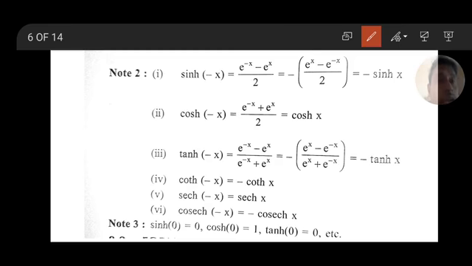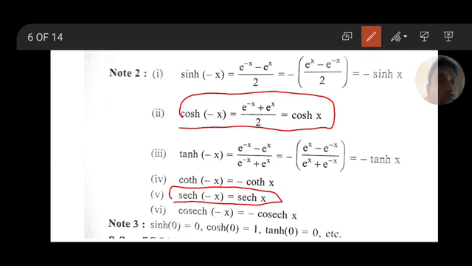Similarly, sin of minus theta is minus sin theta, only cos of minus theta is cos theta and sec of minus theta is sec theta. Like this, here also cosh of minus x equals cosh x, sech of minus x equals sech x. Both are only positive, the remaining will come negative, like trigonometric functions.